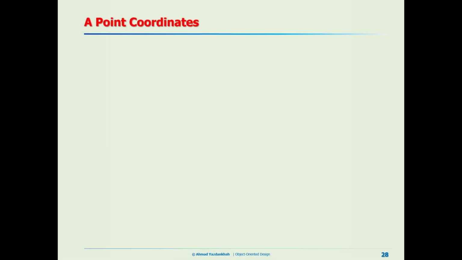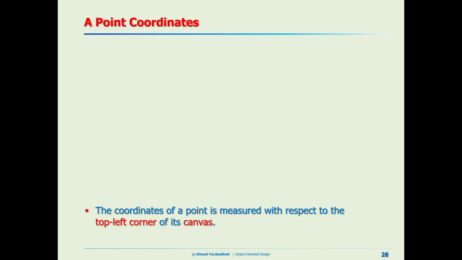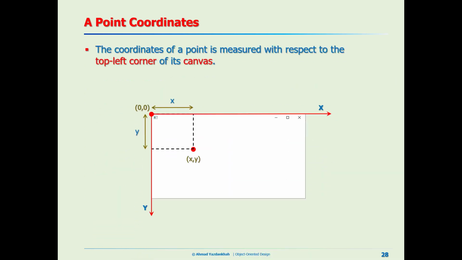Okay. Another thing we need to know is how to coordinate a point. So here is how we coordinate a point. If this is the canvas, and here is the center of the canvas, the x-axis will be this, and the y-axis will be this.